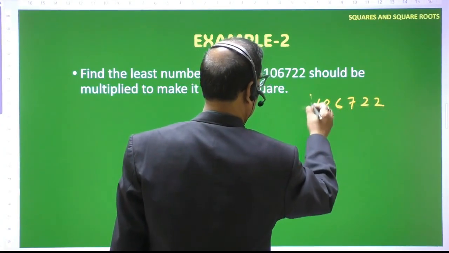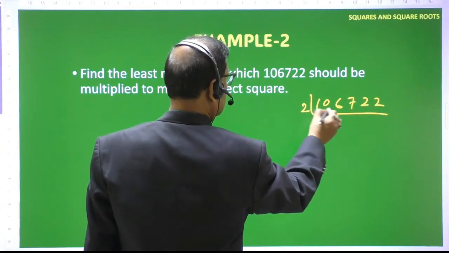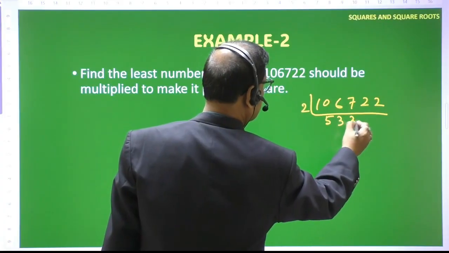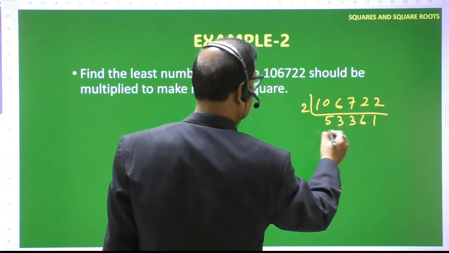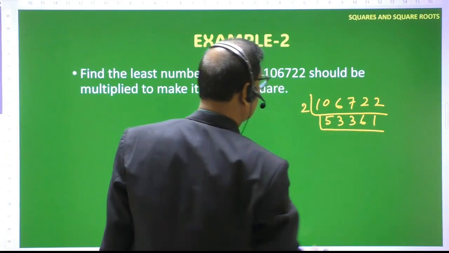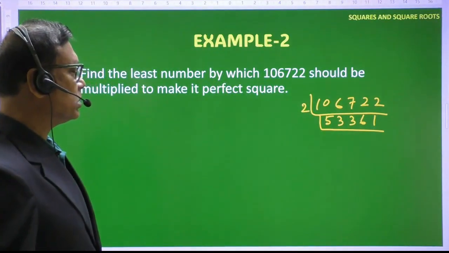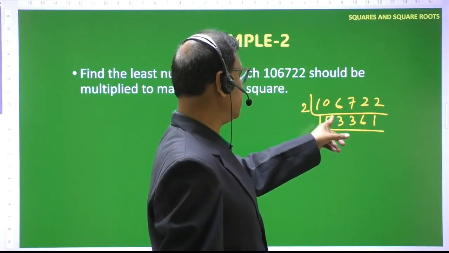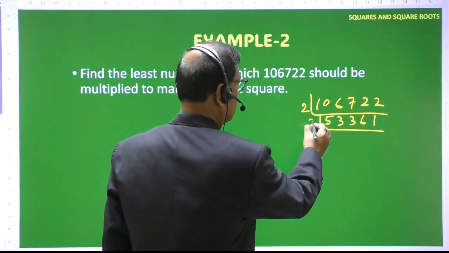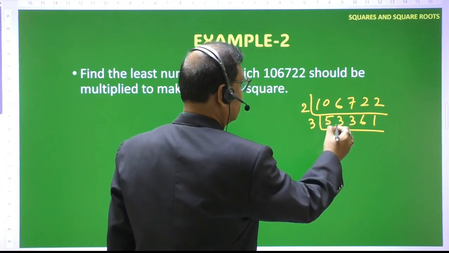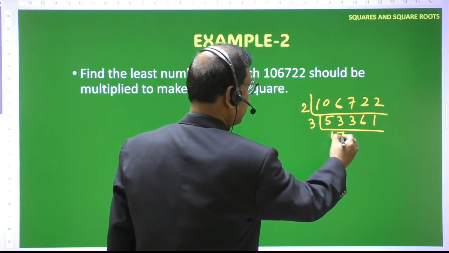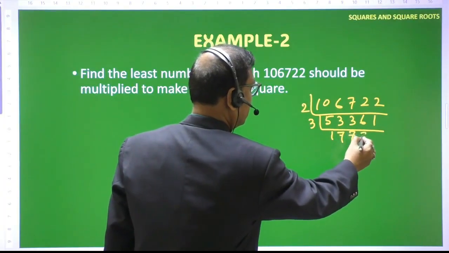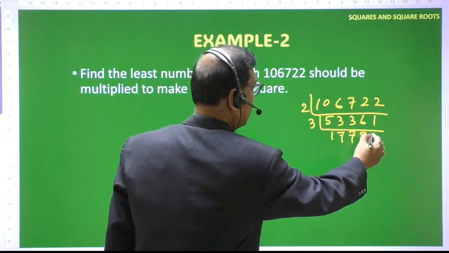106722. So 2, 2 5 10, 2 3 6, 36 and 1. Now it is divided by 3. Check it. 7, 10, 13, 18. Yes. 3 1 3, 7 3 7, 3 8 and 3 7.